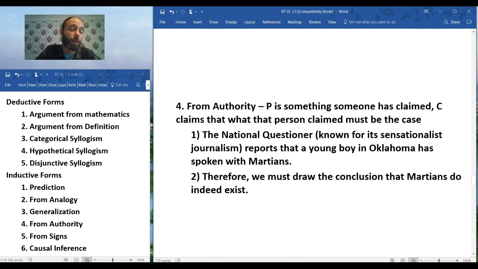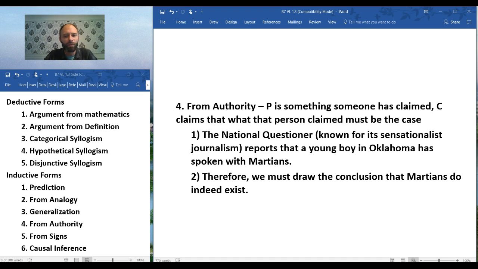The next type of inductive argument we're given is arguments from authority. Arguments from authority work like this. The premise is something that someone has claimed, and the conclusion claims that what that person claimed is actually true. So take the following example.